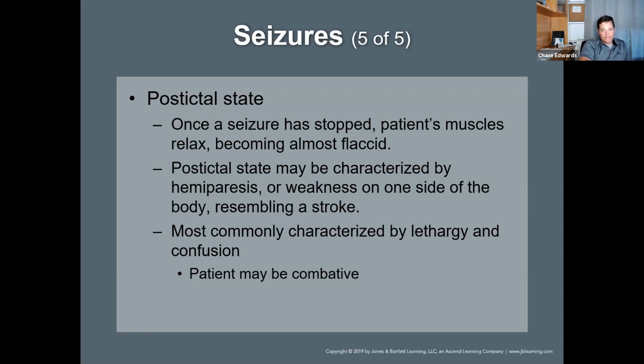In some situations, the postictal state may be characterized by hemiparesis, or weakness on one side of the body, resembling a stroke. Most commonly it's characterized by lethargy and confusion. The patient could be combative, so make sure that you watch out for that. You've got to be prepared for any of those circumstances if they happen.